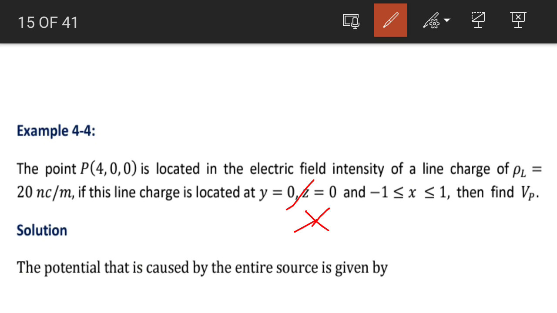Okay, so the line is located at y is equal to 0 and z is equal to 0, and x is changing from minus 1 to plus 1. Find the absolute potential at point P.